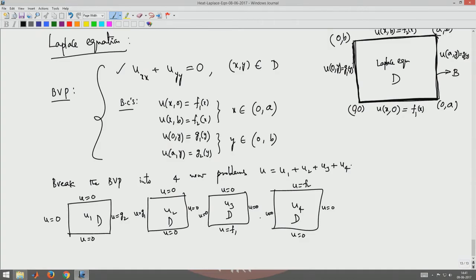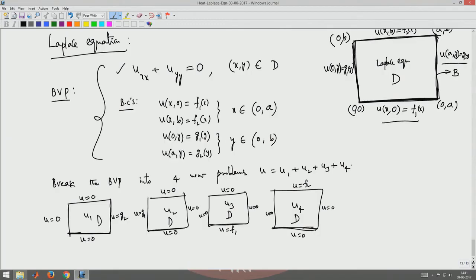Then what happens? u1 plus u2 plus u3 plus u4 at this boundary: u1 is 0, u2 is 0, u3 is f1, u4 is 0. So together it is f1. That is what is here. Similarly, in this boundary it is g2 plus 0 plus 0 plus 0, so that is g2 what we have.